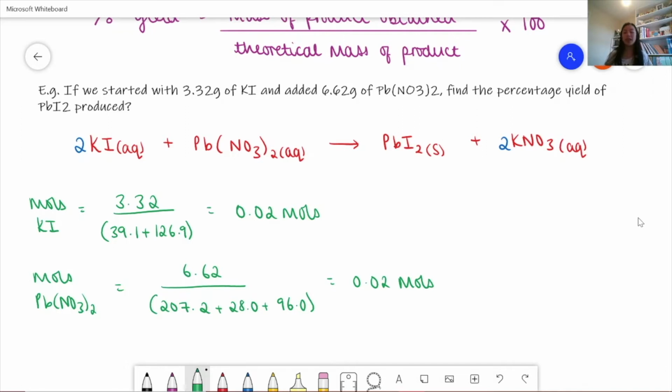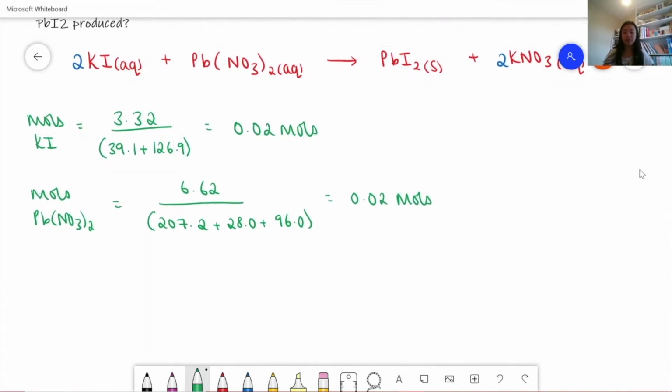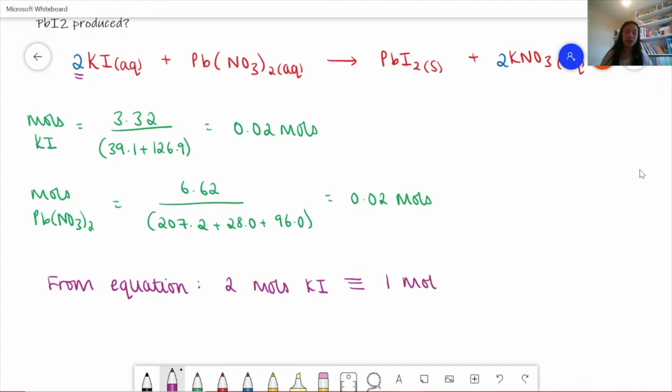Now we need to look back at the equation to find out the ratio. We know from the equation that two moles of potassium iodide, and we know the number of moles because of this coefficient here, react with 1 mole of this lead nitrate.